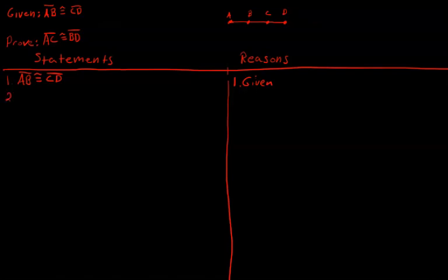Our second step here is, well, there's kind of two different ways that we can go with this. One of them is to use the given and just say something else that's true about it, or we can look at our diagram and try to find something that's true in it. So either one of those will work here.